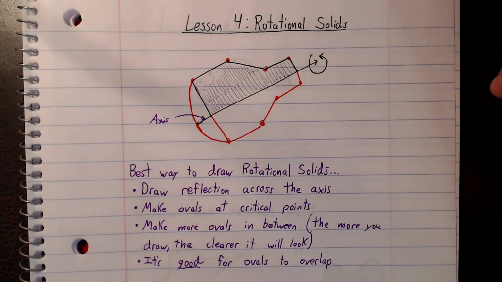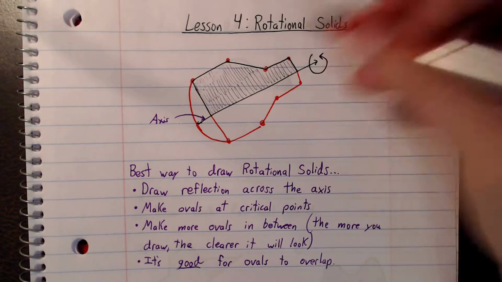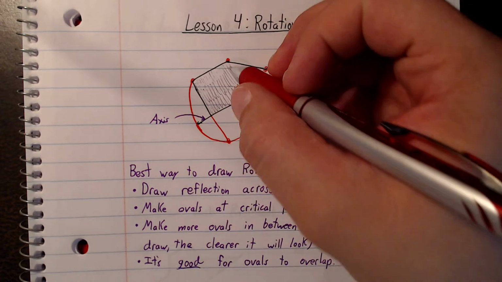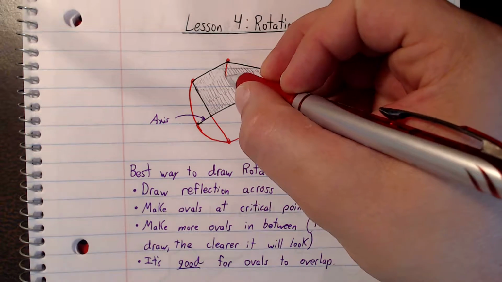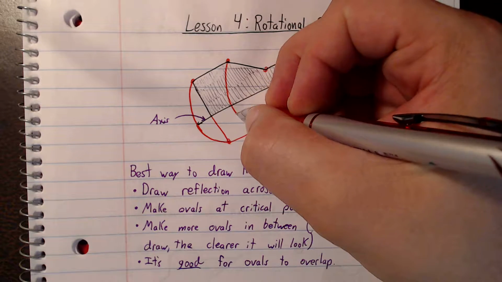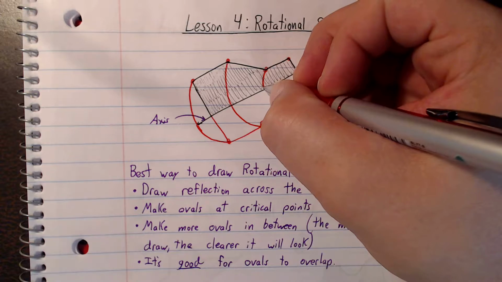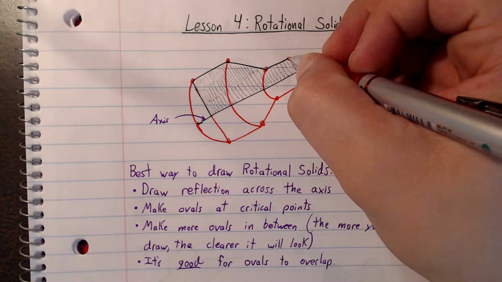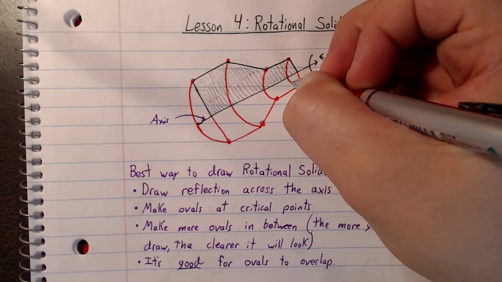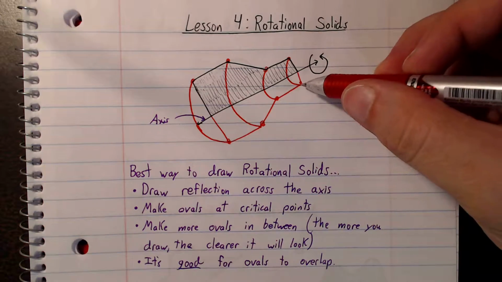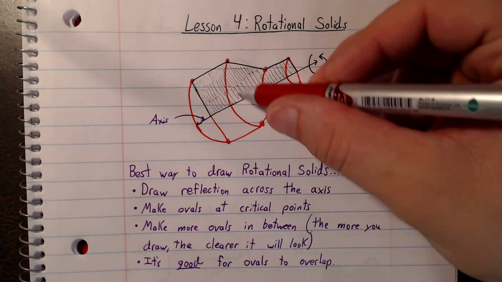So what we're going to do when we're drawing all of these, how I'm going to do it, is draw just one side of the ovals at the same time. Then we have to imagine that this thing comes back up.